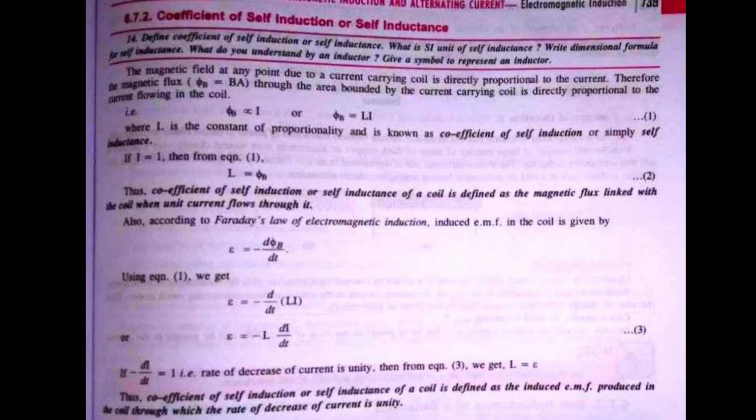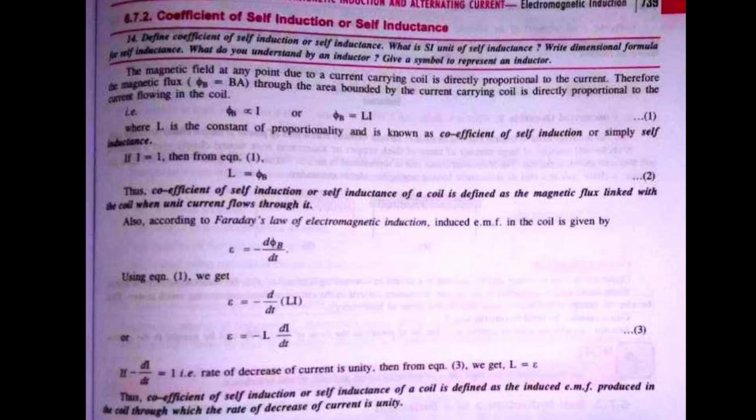Then we can use the Faraday law to establish the relation between the coefficient of self-induction and the EMF. According to the Faraday law of electromagnetic induction, epsilon, that is the induced EMF, is equal to minus d phi B divided by dt. We know that the flux is equal to L I, so replacing its value, we have epsilon is equal to minus L di over dt.